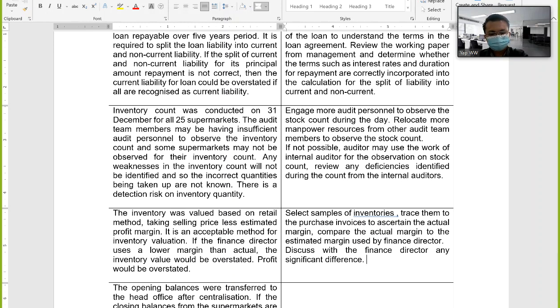Lower margin. Oh, closing stock. Closing stock value. If production cost is overstated, then profit will be understated.